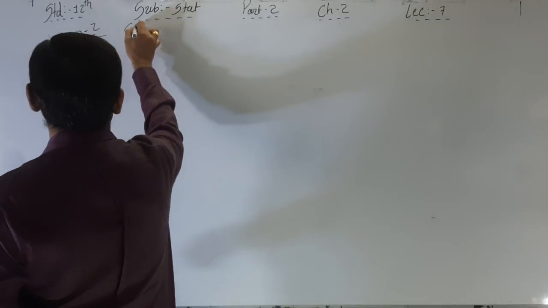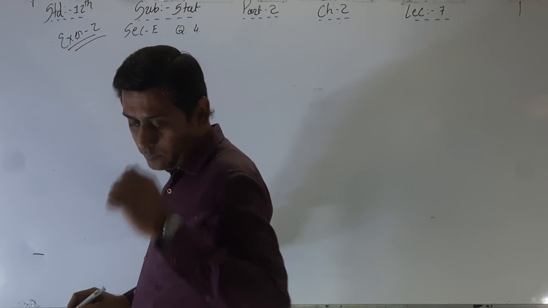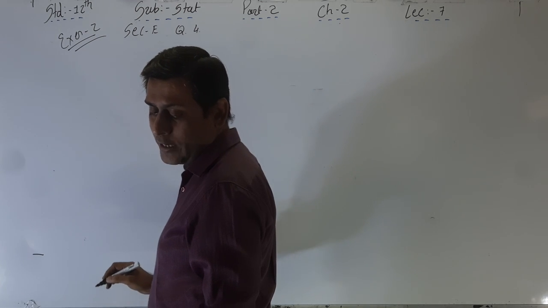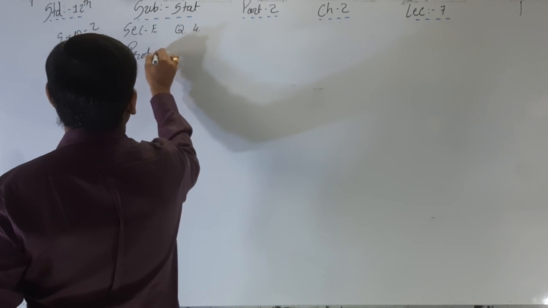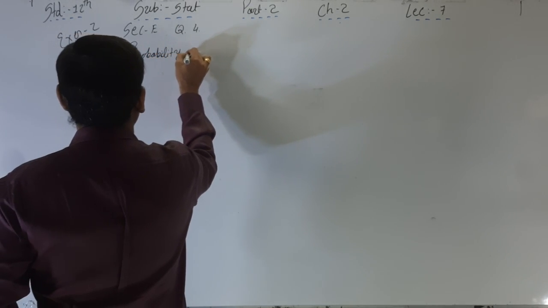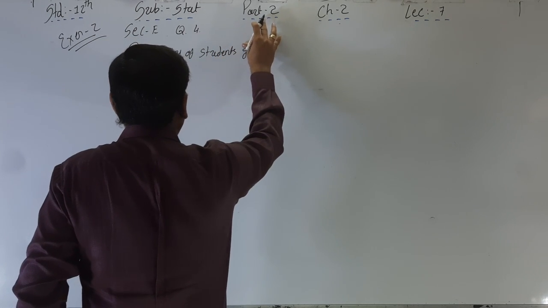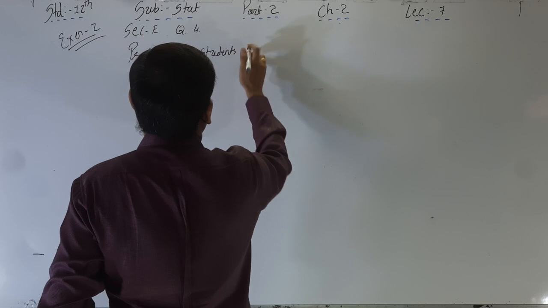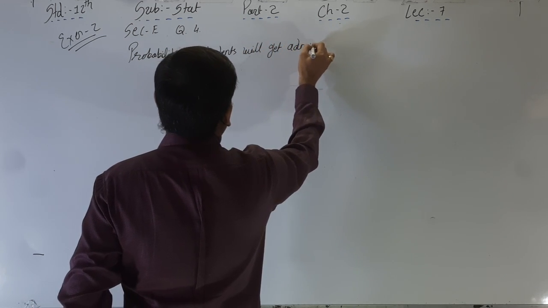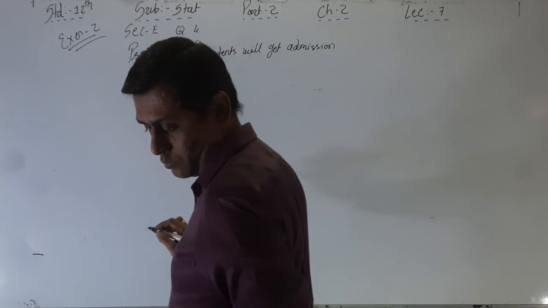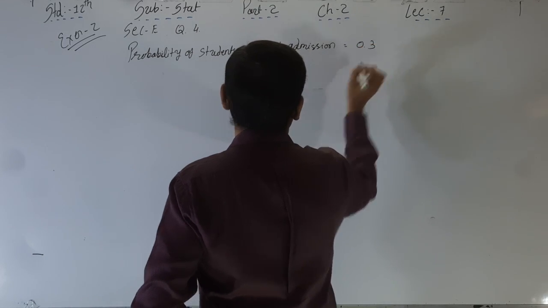Exercise 2, section E, question number 4. The probability that a student will get admission is equal to 0.3.